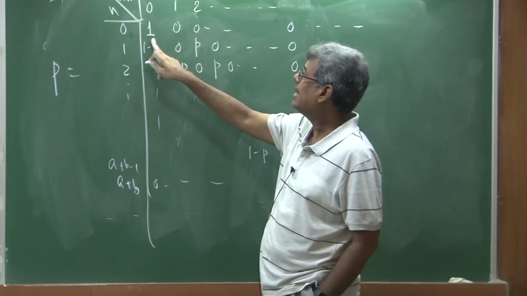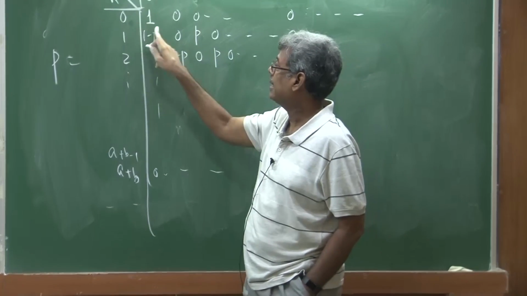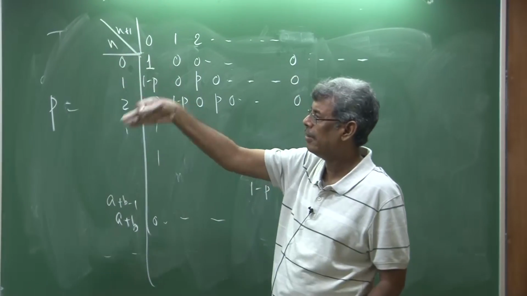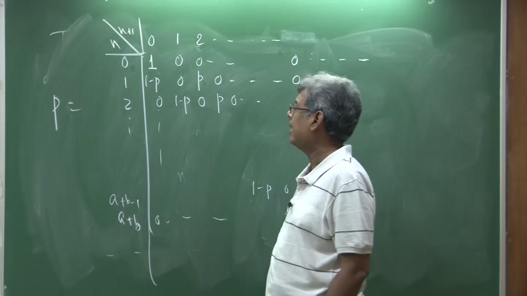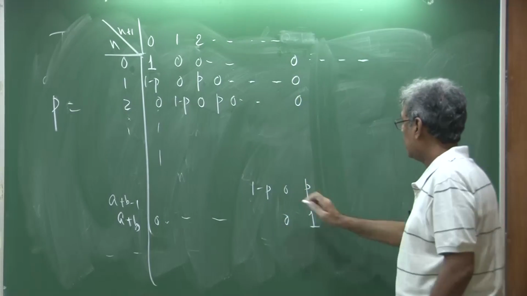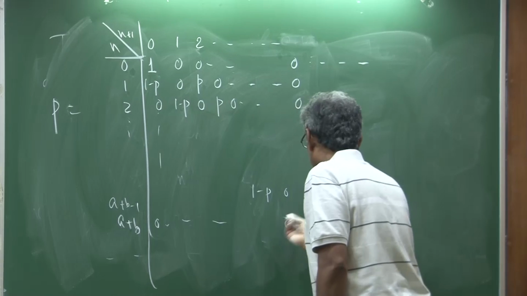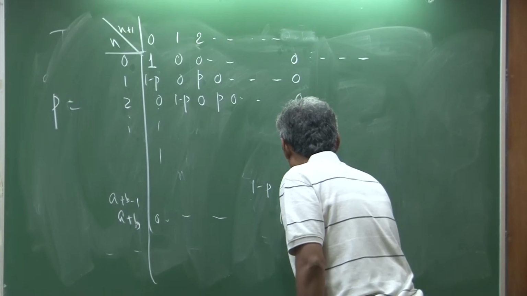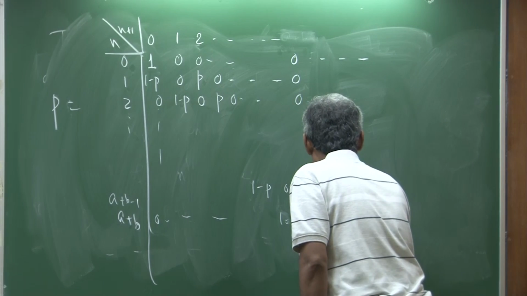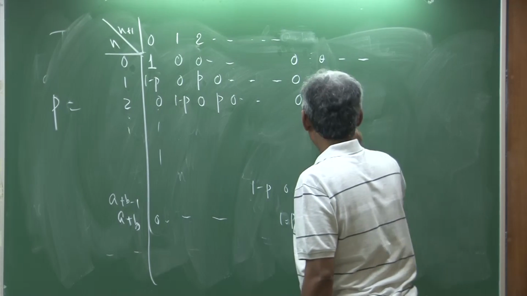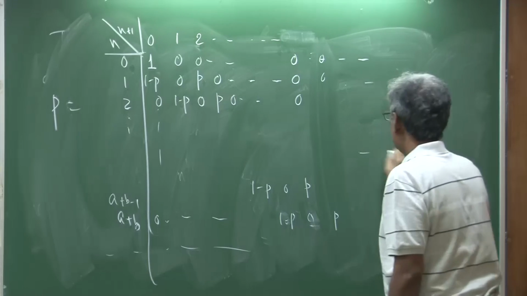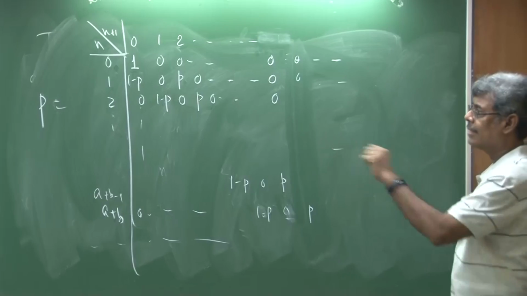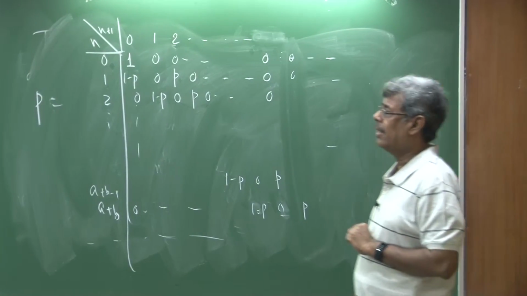I am taking it here without loss of generality. Suppose A has a finite amount of money and B has an infinite amount of money, then it will go like this. From A plus B, it can go to A plus B minus 1 and so on. So this will continue. So that is a slight variation, where one of them has an infinite amount of money.